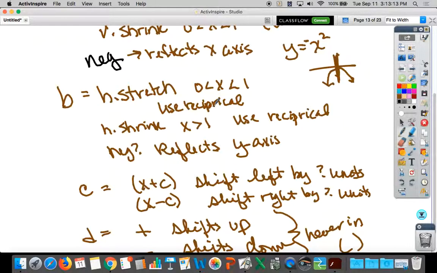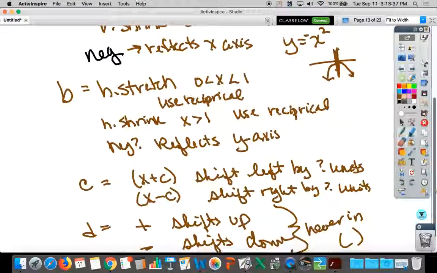It is a shrink if it's greater than 1, but you have to use the reciprocal. And if it's negative, it reflects across the y-axis. Again, I don't think you have any b's to worry about.